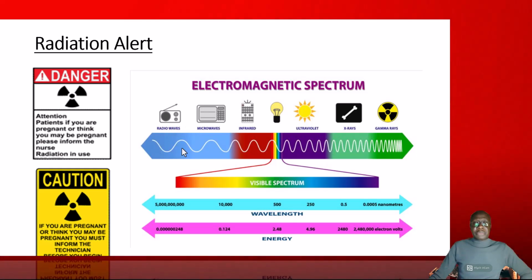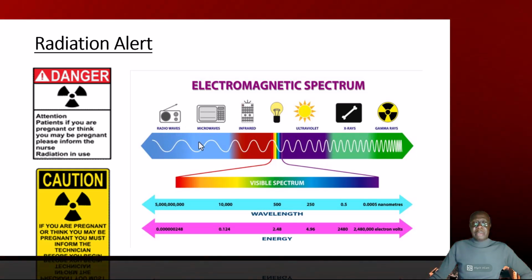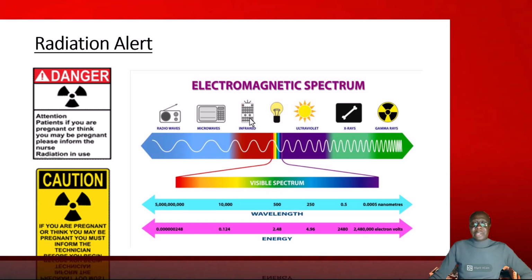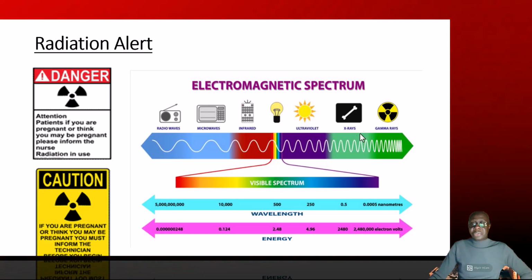The radio waves we capture are at this wavelength, microwaves operate at this wavelength, infrared remote controls operate at this wavelength. Our visible eyes can see only in this small narrow band. You have ultraviolet radiations here, X-rays at the hospital operate here, and you have gamma rays in that region.